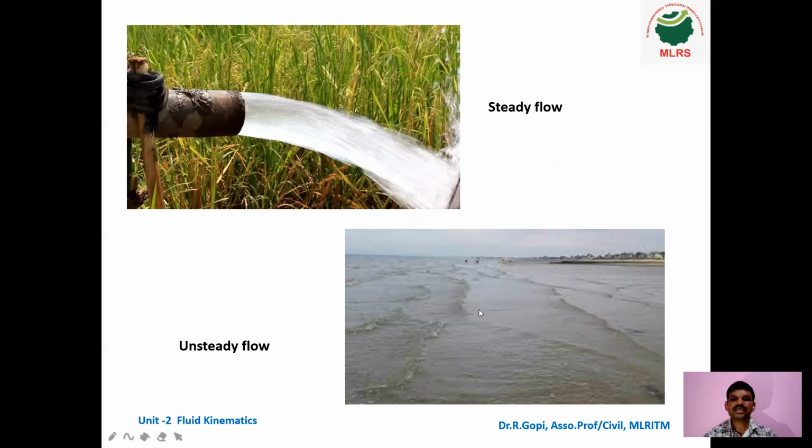Here the discharge is varying with respect to time. You can see here this portion discharge is more, but this portion and this portion discharge is very less compared to this portion. So this is unsteady flow. This is the basic difference between steady and unsteady flow.